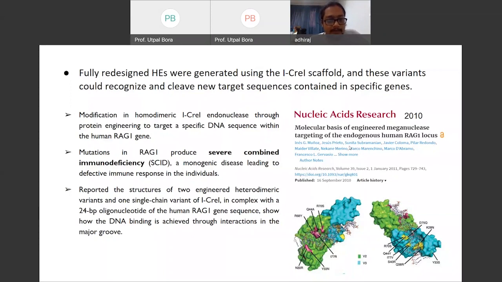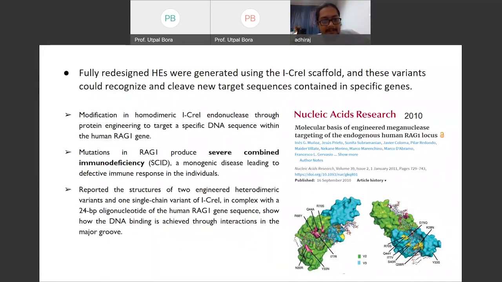So they reported the structure of two engineered heterodimeric variants and one single chain variant of I-CreI. So as you can see in this color in magenta over here, these are the changed amino acid sequences, right? In yellow here. So these were the changed amino acid sequences, in complex with the 24 base pair oligonucleotide of the human RAG1 gene sequence.